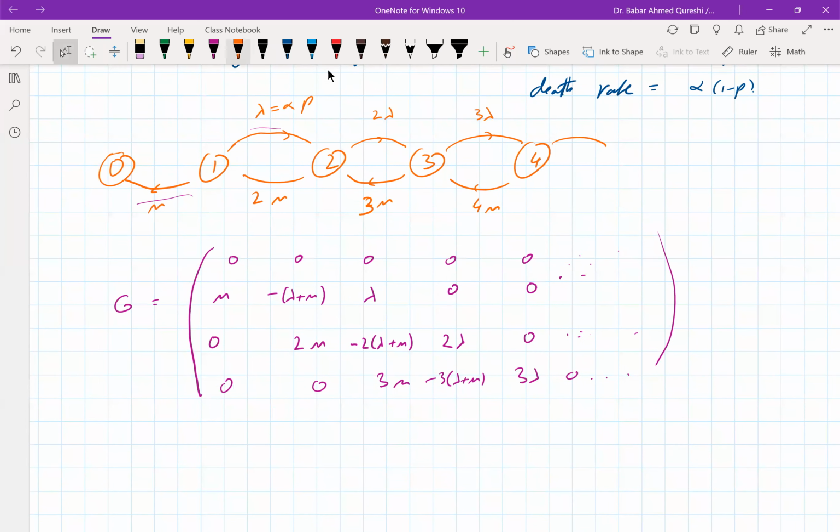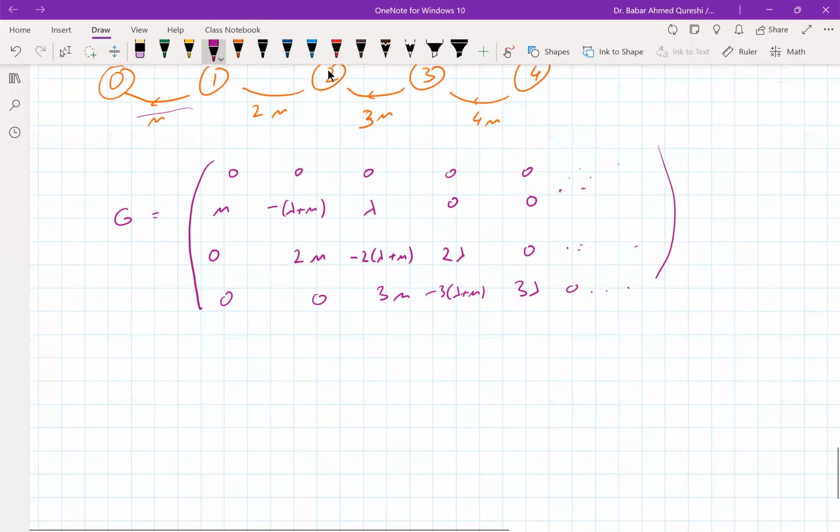And one can analyze this by giving different lambda and mu. Let's consider another kind of process and build the matrix for that example.